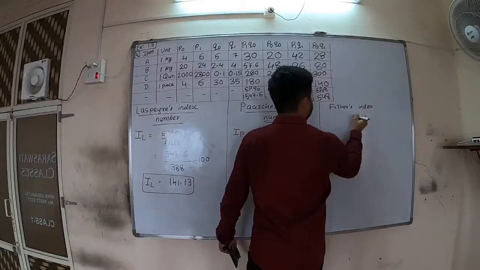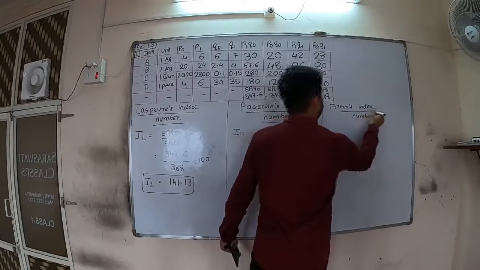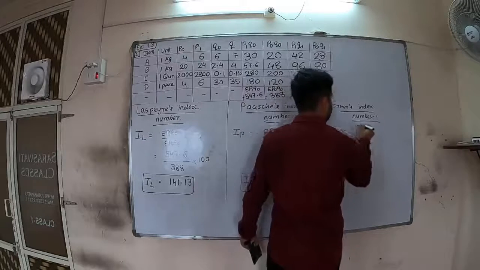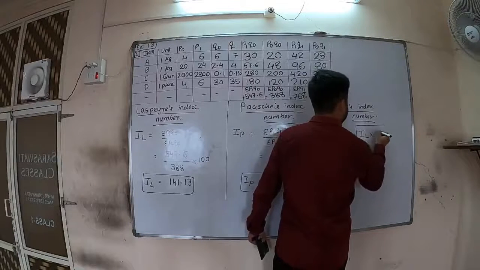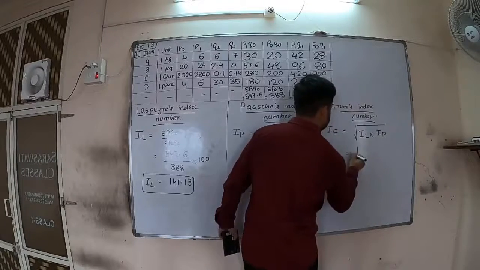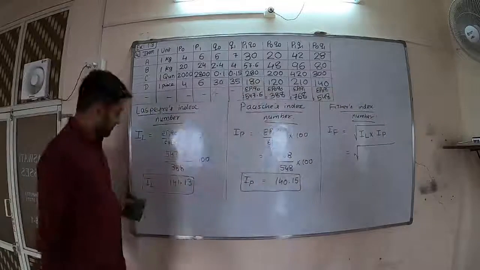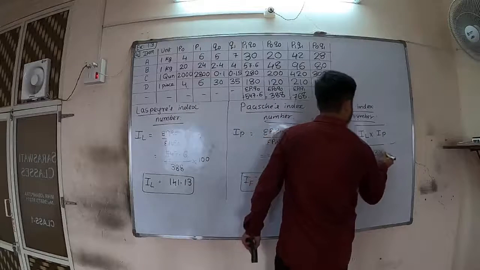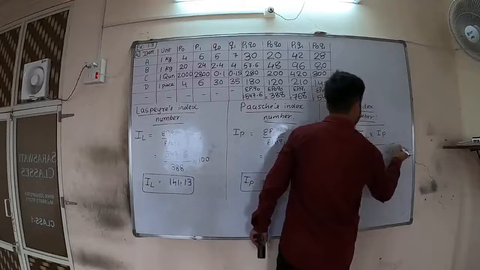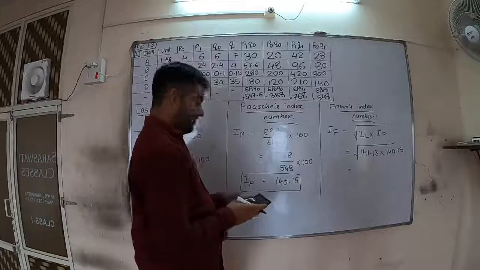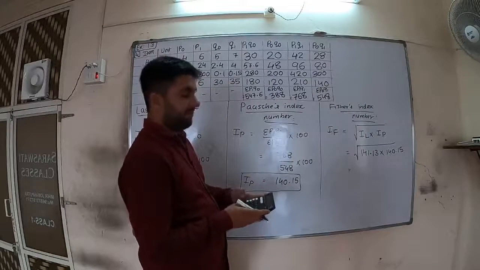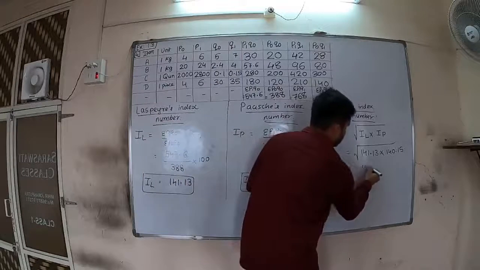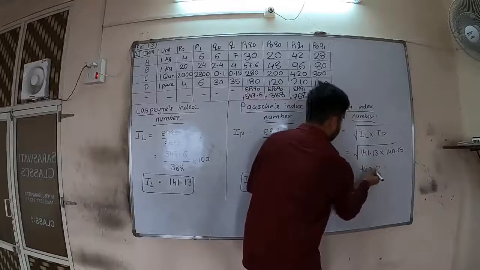Fisher's index number IF is the square root of IL into IP. Both these: 141.13 multiply 140.15, equal to button, then square root, 140.64.